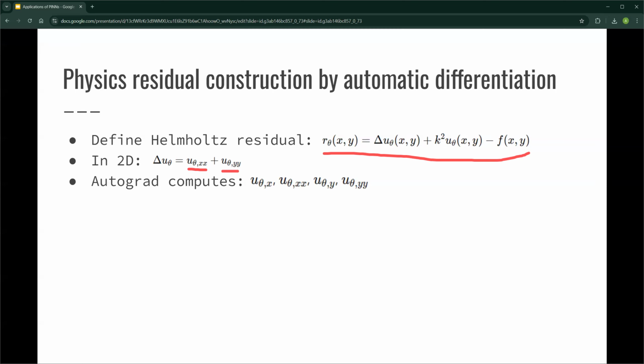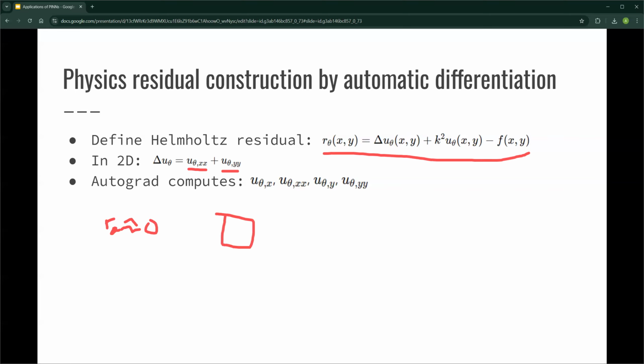These give us the exact derivatives of the network output with respect to the inputs. And this helps us enforce r sub theta equals 0 at many of the interior points, and ensures that the learned solution satisfies the Helmholtz equation across the domain, right?